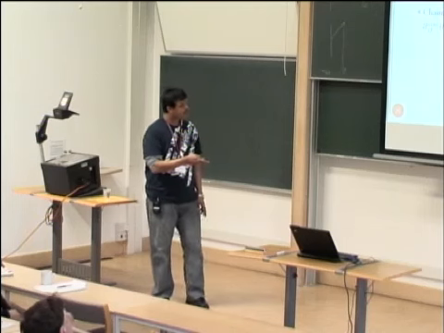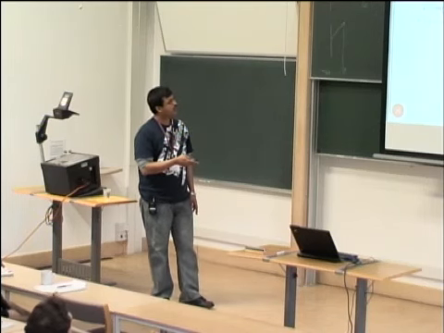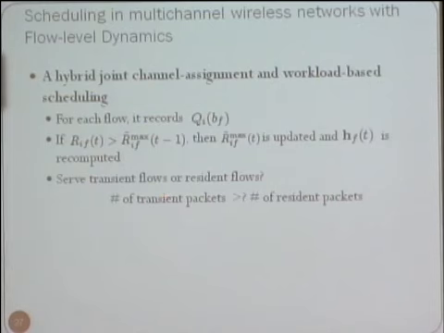That's one part of the algorithm, and the other part is which flows to transmit. Should you transmit a flow that's already in the system, or a flow whose packets are still arriving at the base station?